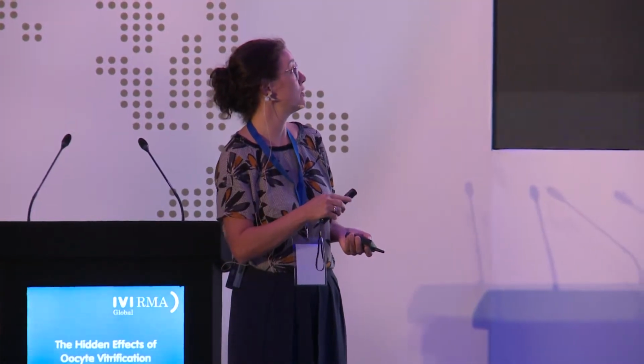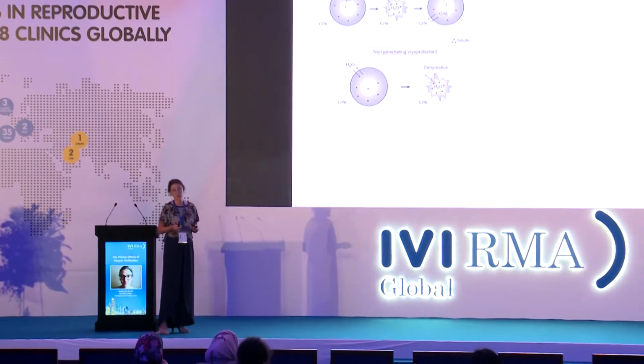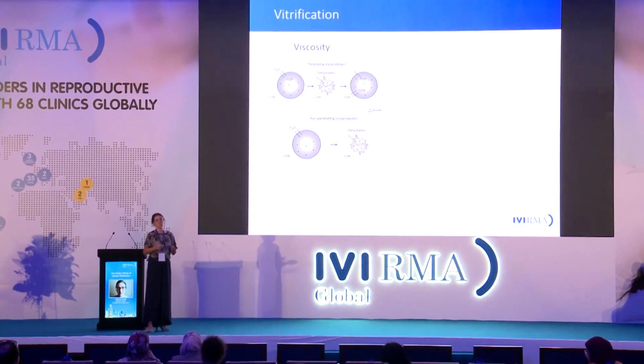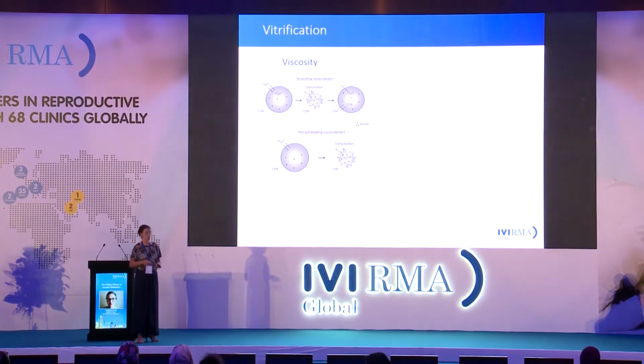Afterwards, the cryoprotectants will move in, so the cell will rehydrate. Most used penetrating cryoprotectants are DMSO, ethylene glycol, and propanediol. Then we have the non-penetrating cryoprotectants, which do not penetrate the cell, and they will lead to dehydration of the oocyte, and they will also stabilize the membranes.